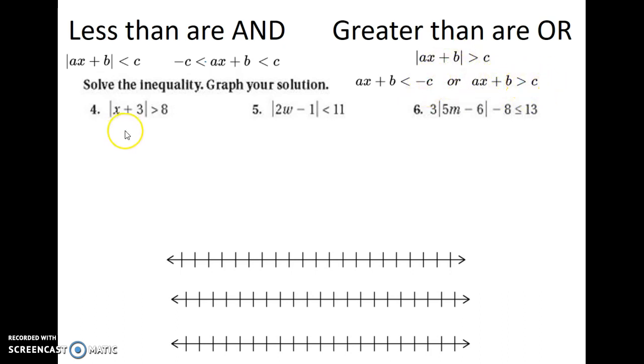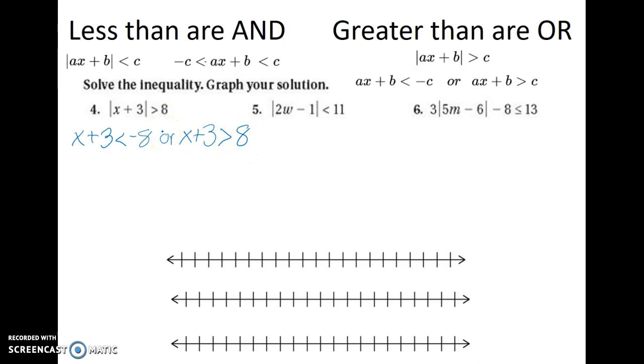So I'm going to rewrite this one into that statement. I'll take the x plus 3 and make it less than the negative version of this, which would be negative 8, or I'll do what's in the absolute value greater than 8. We need to remember that the less than symbol goes with the negative number and the greater than symbol goes with the positive number of the answer.